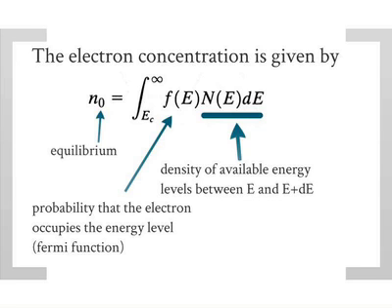What that definition of N of E means is that if you take an energy level E1 here, okay, and you increase it to E1 plus dE, so within the small energy range, the number of available states is given by that. That's what it's saying. Okay. So if you take any energy band diagram, you take a small slice of energy, and you look at how many states are available there, that's given by N of E times dE.